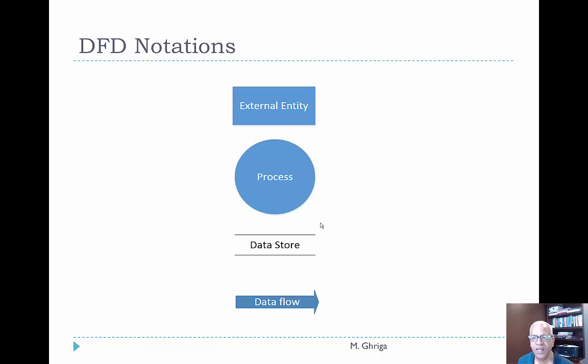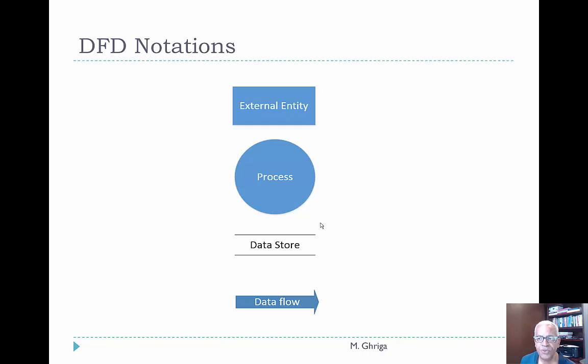A data store, on the other hand, is data that's stored for later use. This data is persistent and outlives the execution of your processes, and we have to make sure that we label these databases with plural nouns, because for example, if you're thinking in terms of an employee database, you have employee records.